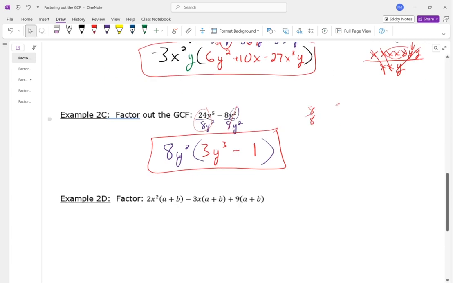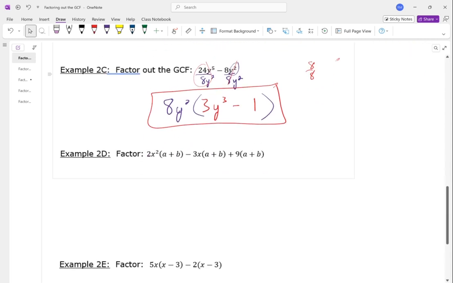And let's finish up by these last two, which will help us with our next lesson. This is a little bit tricky, but the common factor, these are each the terms, and the common factor is this thing that's in parentheses. So I'm going to factor that entire thing out. And if I divide everything by that, it's going to cancel out.